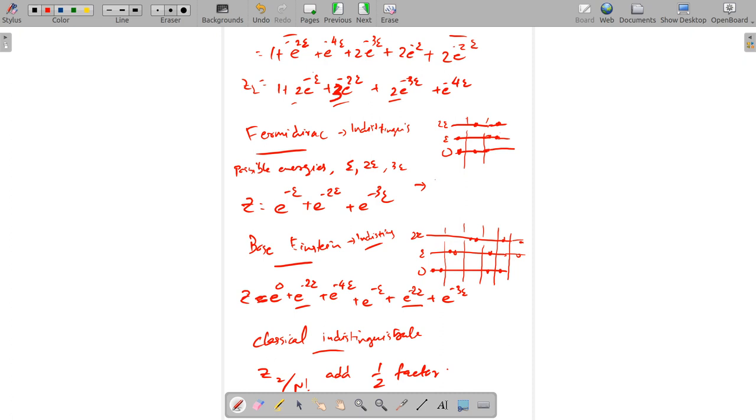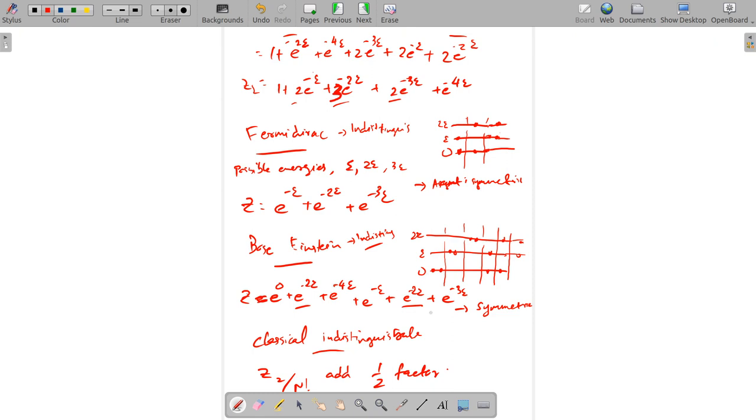Maybe I can also say this: fermions take an antisymmetric wave function, such that if you interchange two of them, the wave function takes a minus sign, and bosons take a symmetric wave function. So if you interchange two bosons, you will get a +1 eigenvalue.